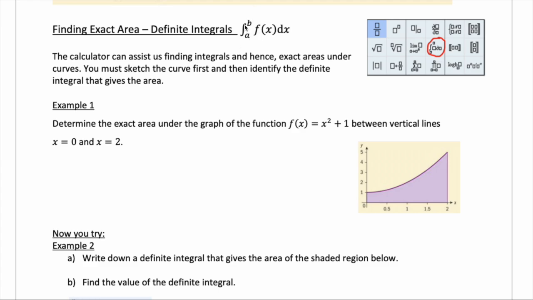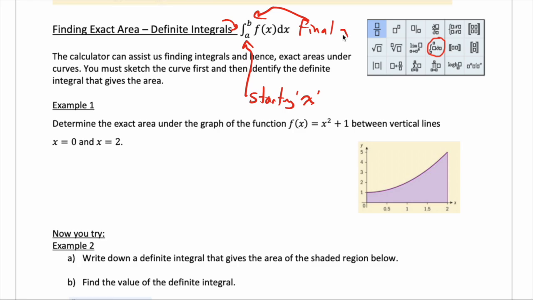Okay, you got this thing here. Some people say this represents an S for a sum, because you're adding up a bunch of infinite rectangles. Basically, the bottom one is the starting point, or starting x, we'll call it. And this is the final x. This is where you stop, basically.